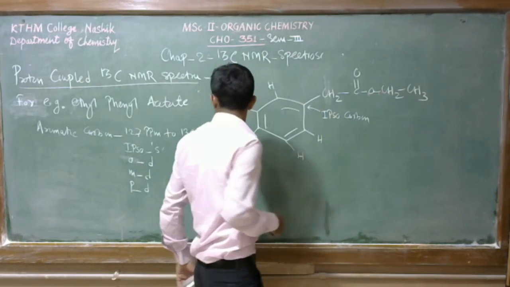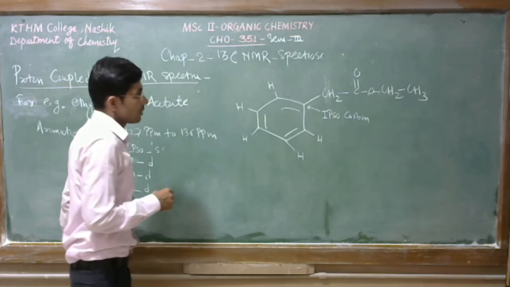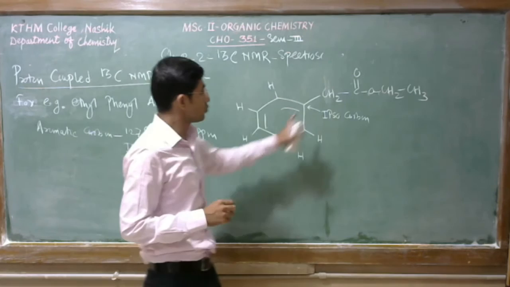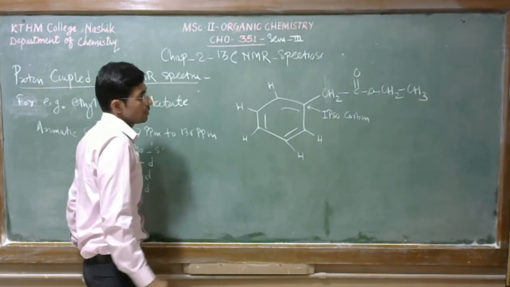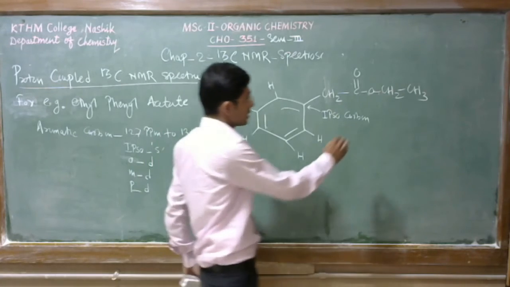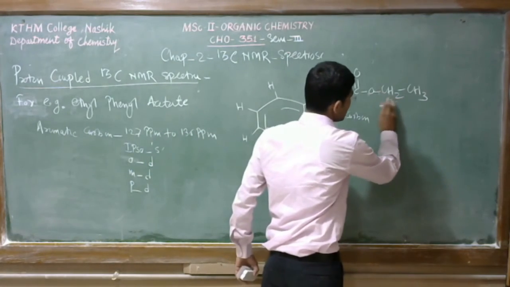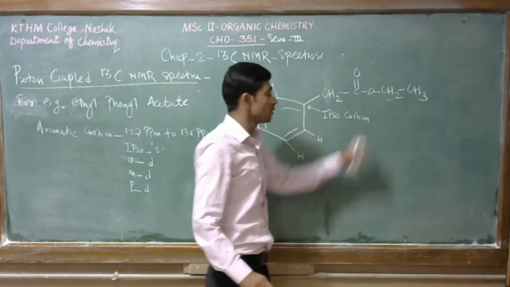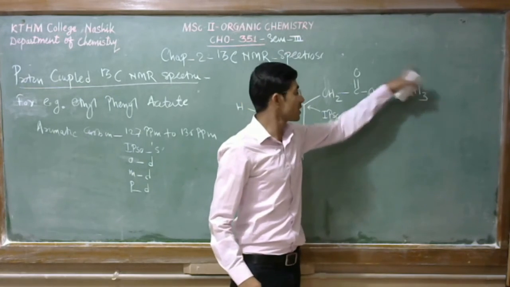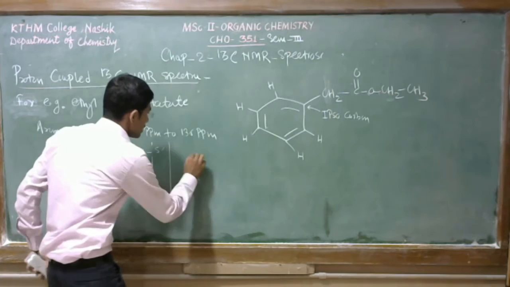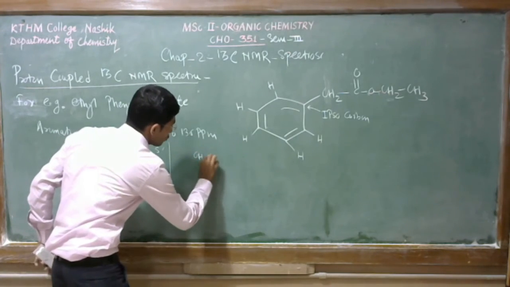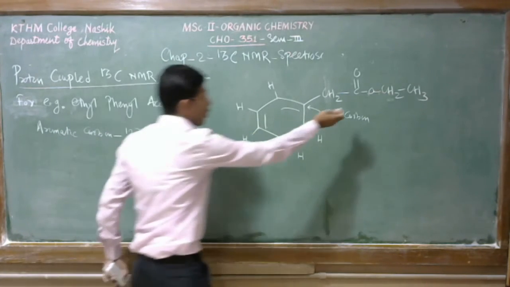So in this ethyl phenyl acetate we can observe 2 methylene carbons. Firstly, we consider this methylene carbon which is attached to the methyl group and also to oxygen.